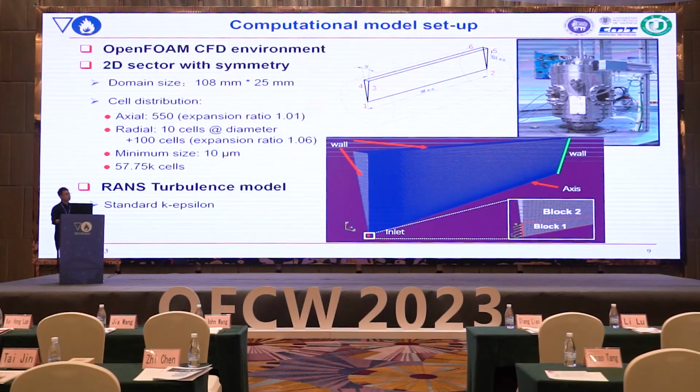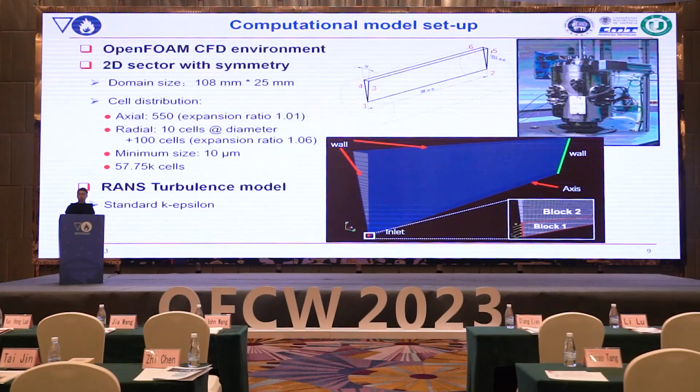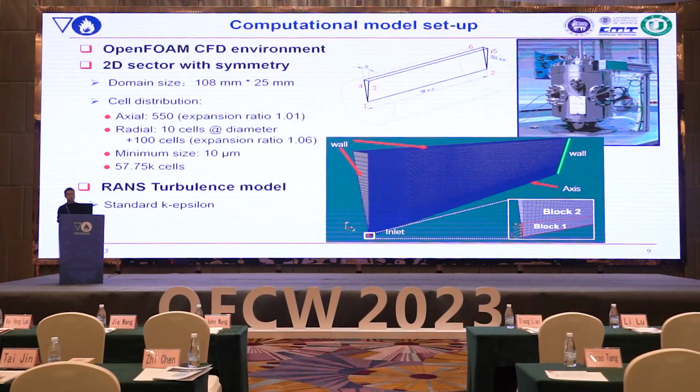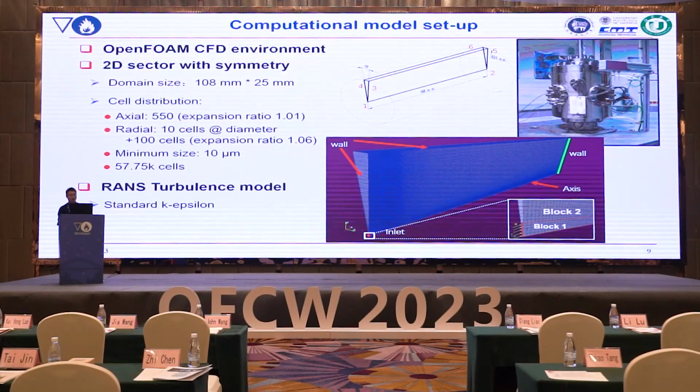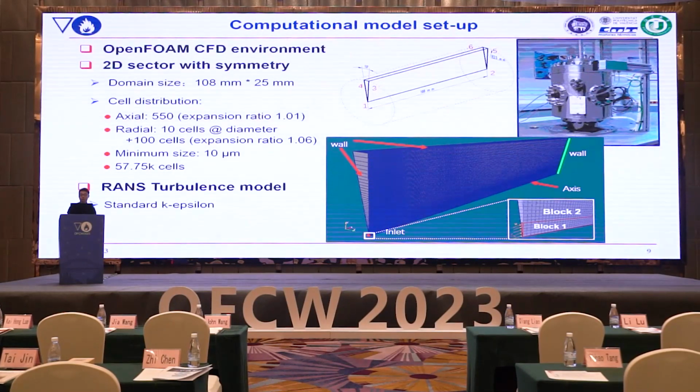This is our combustion model setup. We use a 2D sector with the axis surface. The domain size is 100 mm by 25 mm. We have 505 axial cells in the axial direction, with an expansion ratio of 1.0.